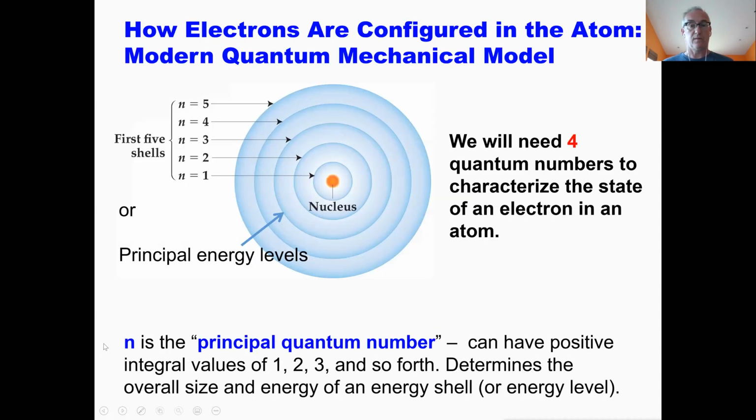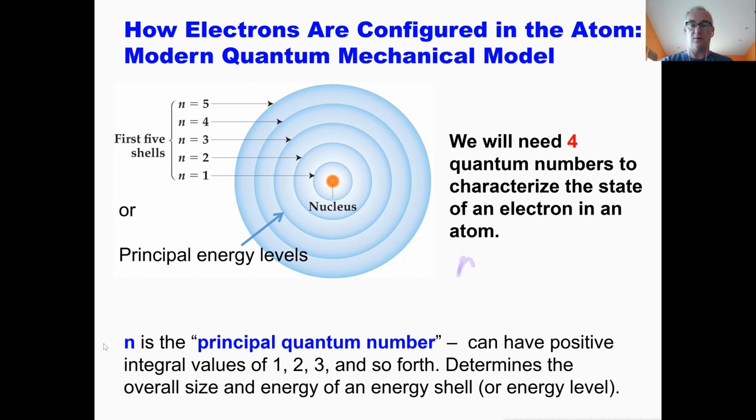So this is basically how the atom is organized as far as we can tell. We have our nucleus, and as we move away from the nucleus to larger and larger shells, we have room for more and more electrons in each one. The first one has 2.